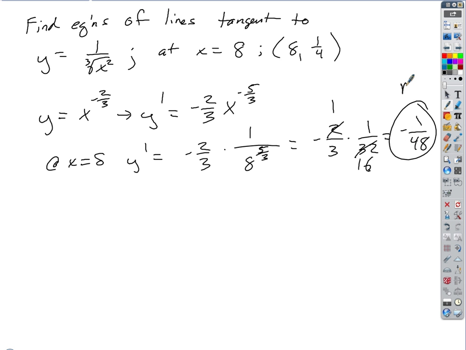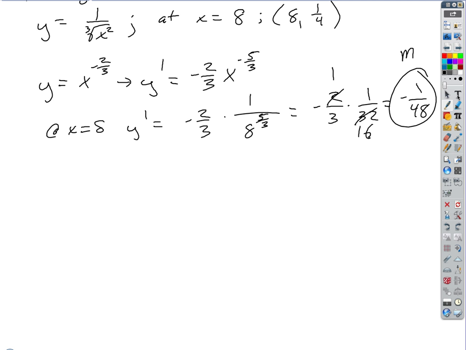So there's our slope. There's our point. Now it's just algebra 1, really. We just have to find the equation of that line. You were probably trained to use y equals mx plus b and solve for b. So y equals negative 1/48 x plus b.